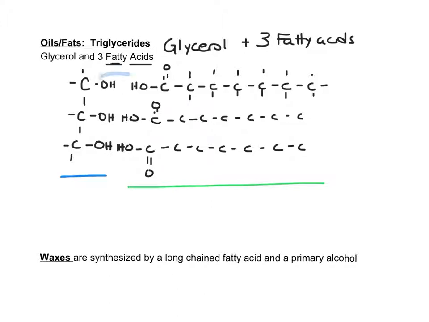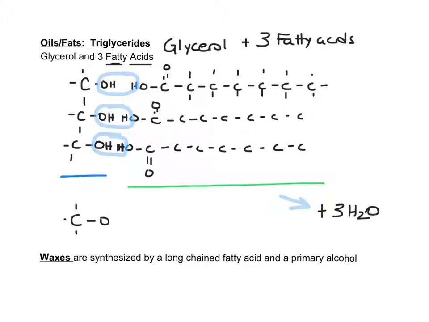you're going to take that water molecule out, so you'll end up making plus 3 waters, right? And that bond is going to change, so I'm just going to draw one of them here. So the glycerol would keep going down this way, okay?